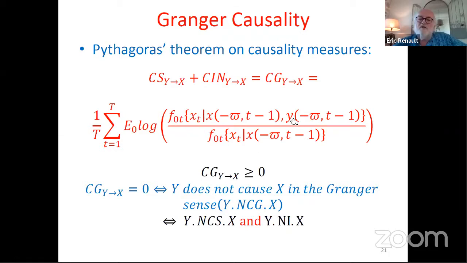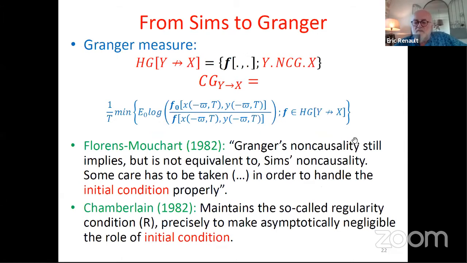You remember, Y does not cause X in the Granger sense means that the past of Y does not help to forecast X, so it is basically this ratio. Same thing, this Granger causality measure really characterizes Granger causality. It is zero if and only if you have two things: not only non-causality in the Sims sense, but also non-initiation. This has been said in the past, but people did not characterize it in terms of measures. If you want to relate Granger and Sims, you have to get rid of the initial condition. This is basically what I did.